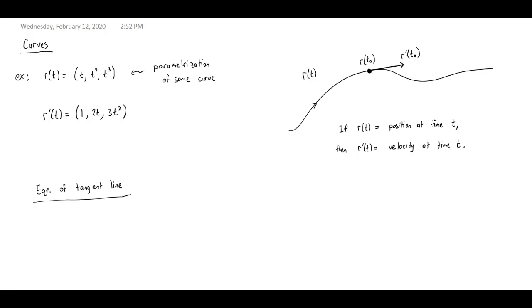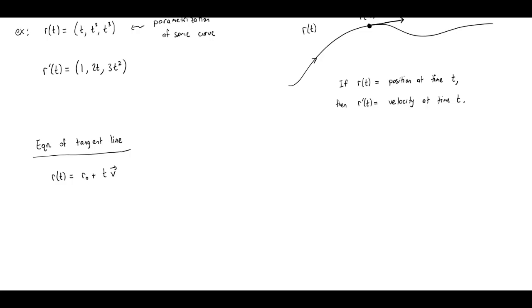So we might try to write the equation of the tangent line in this form that we did before, all right? If you remember, r0 is a point on the line, whereas v was a direction vector.